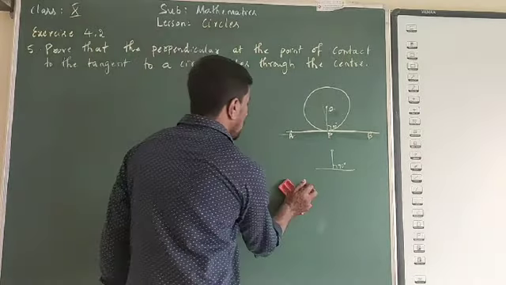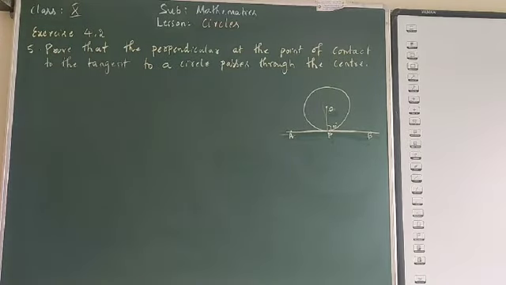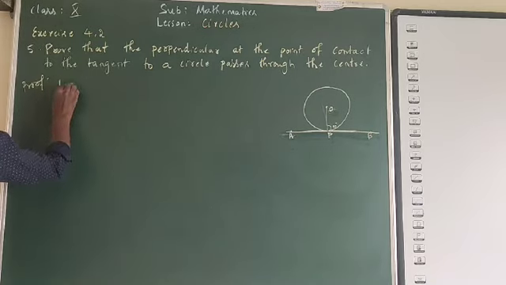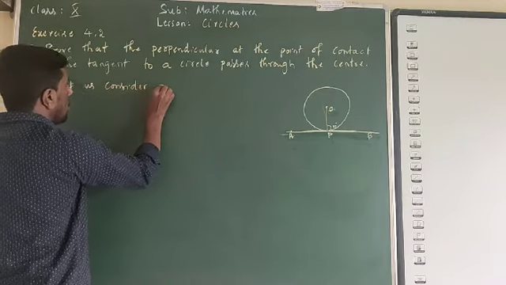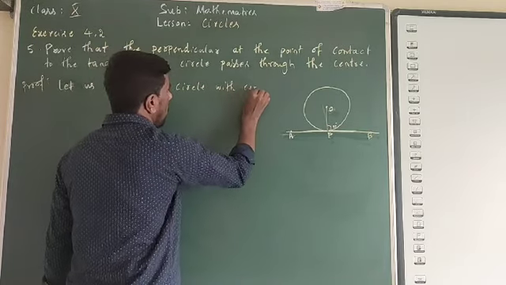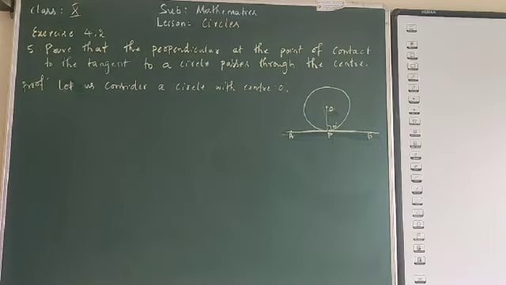Let's see. First we will define what we have taken. We have written the circle, right? Let us consider a circle with center O. Okay.